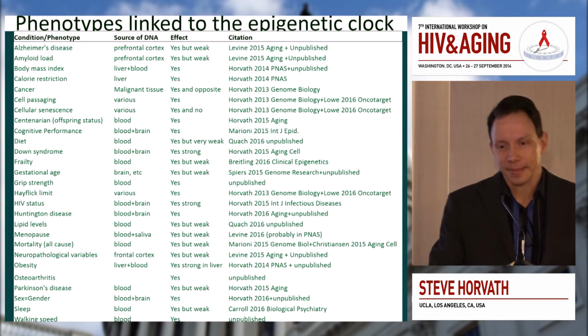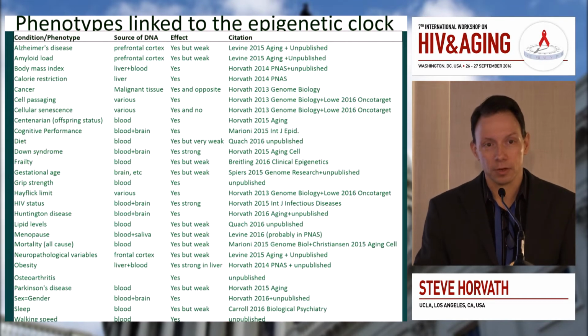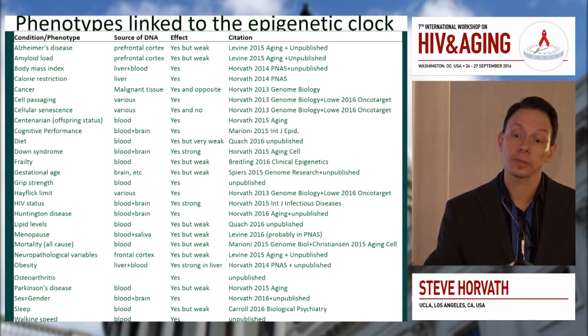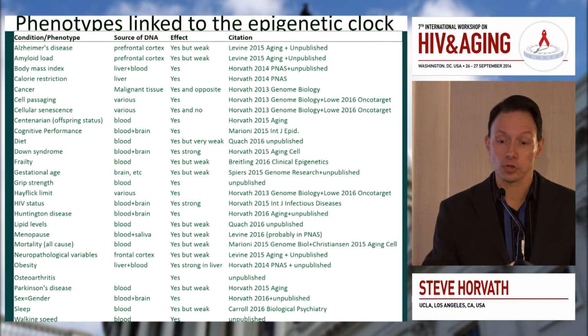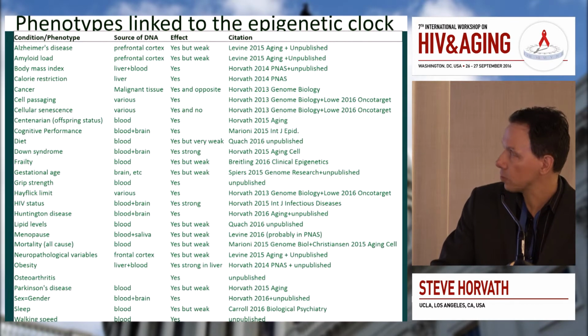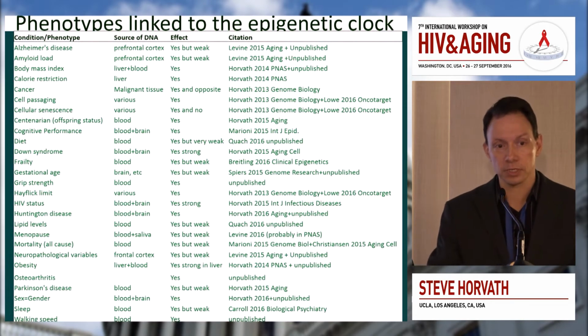So in certain ways, the most important question was whether the epigenetic clock measures biologic age. And in order to answer that, I felt the need to relate it to many aging phenotypes, and now there's a growing field where people use this biomarker. And here I sort various conditions alphabetically, and these are conditions that are typically studied in aging research.